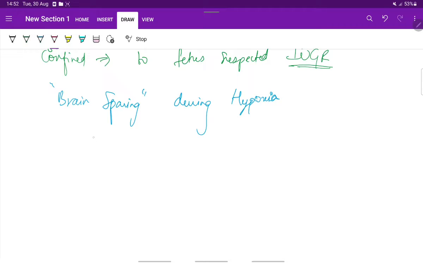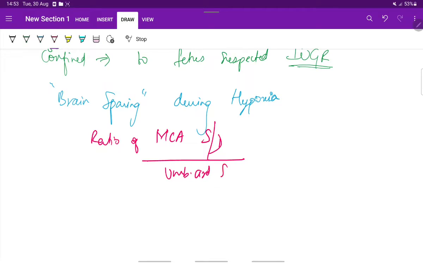That is why the ratio of middle cerebral artery systolic by diastolic to the umbilical artery systolic by diastolic indicates if there is any fetal compromise.